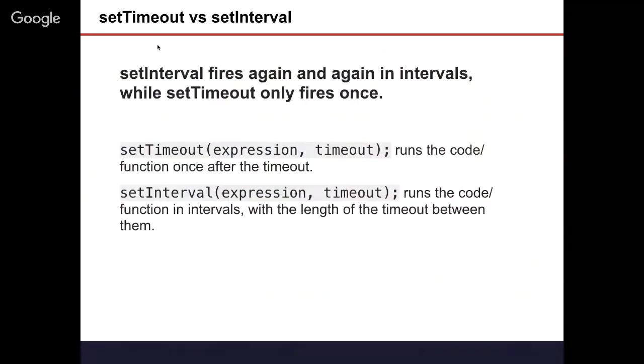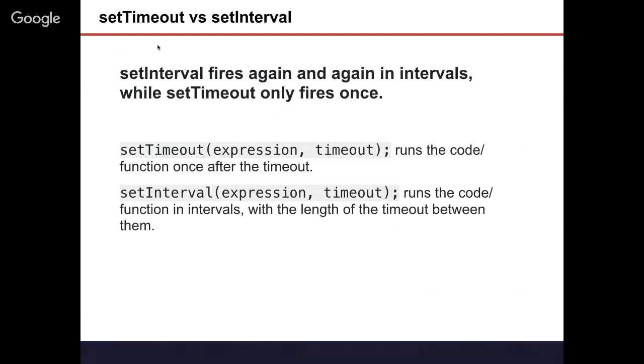All right, so let's cover a new function since we're all experts at that one. setTimeout takes an expression or function and a timeout, and it runs the code after the timeout.